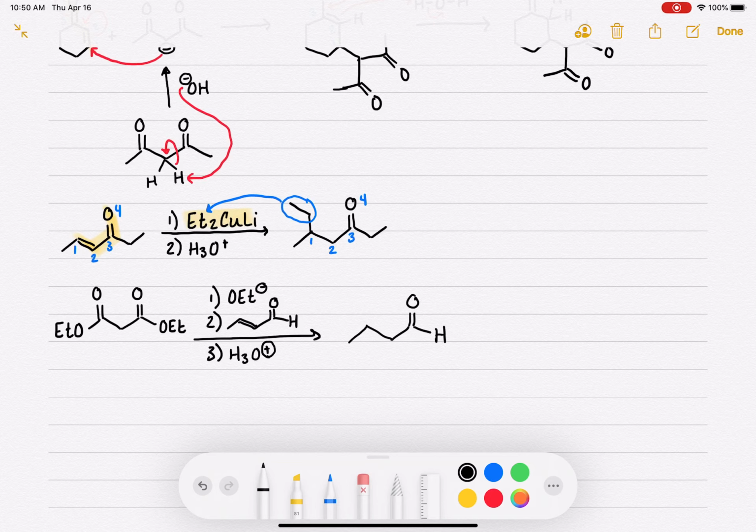In this reaction, we are adding the diester to the conjugated system, 1, 2, 3, 4. We're adding it to what I've labeled as carbon number 4, and it's being added from the carbon that's in the middle of the 2 carbonyl groups.